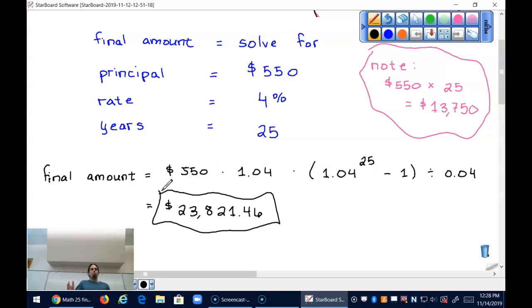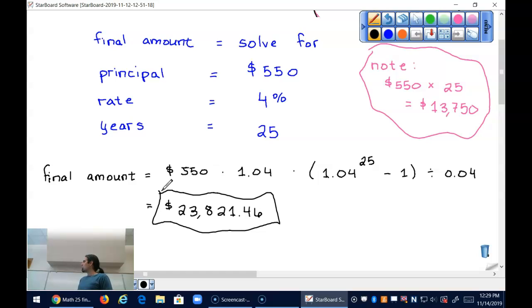The rule of 72 doesn't really work because we keep putting money in. But in general, we've almost doubled what we put in, gone from 13,750 to 23,000. So how many years would the rule of 72 say for 4% to double something? 18 times 4 is 72, so it would be about 18 years.